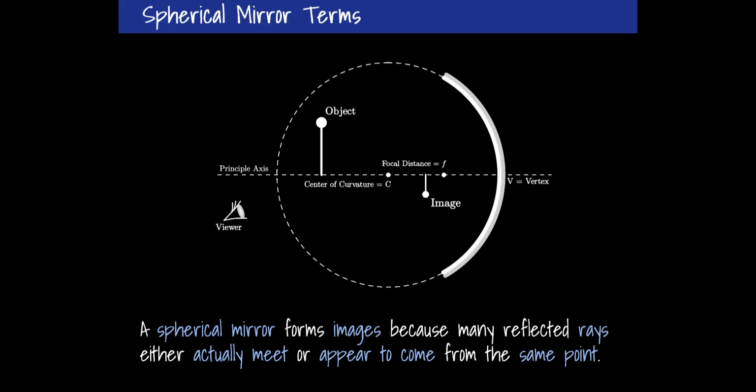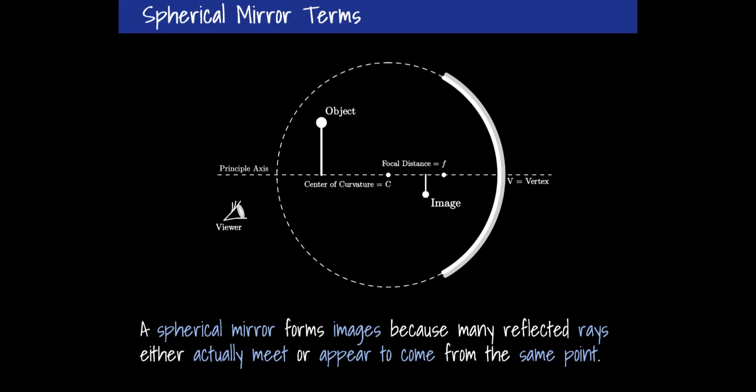You typically find yourself drawing a line across your diagram, and that line is typically referred to as the principal axis. I have my eyeball here, which is the viewer, the human being who is going to perceive the interaction of light with this mirror. The object that I put in front of the mirror is most sensibly called the object, and the perceived light by the observer, the viewer, is called the image.